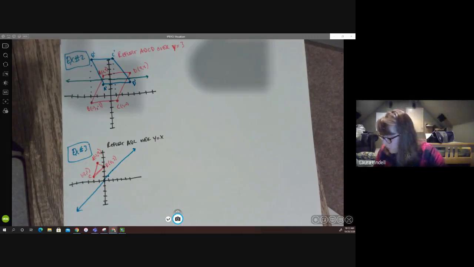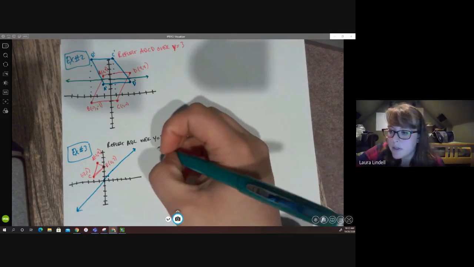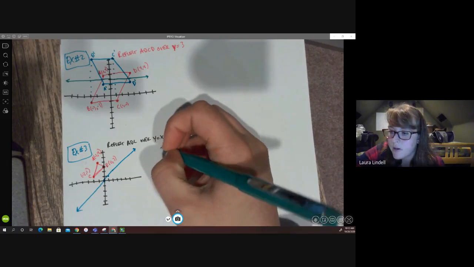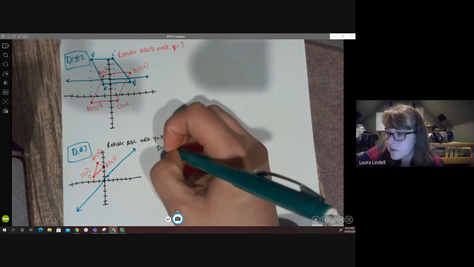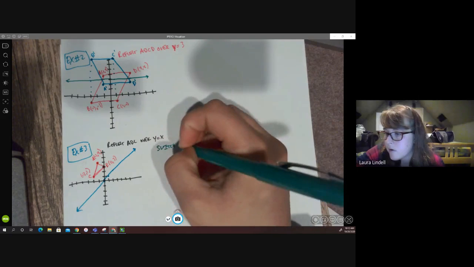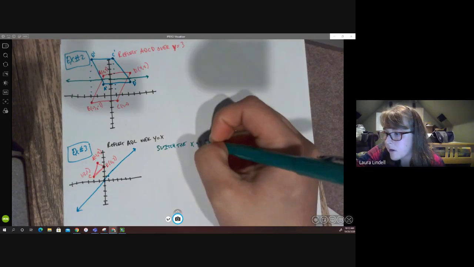When we reflect over the line y equals x, there's a special rule of what you can do. And it is to switch the x and y coordinates.